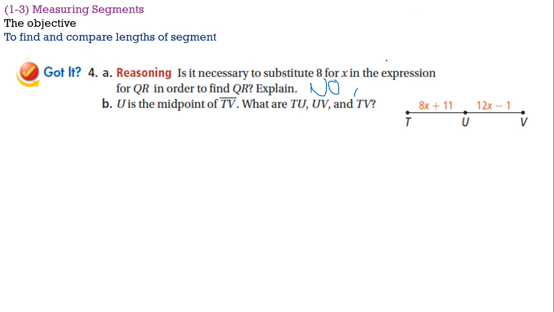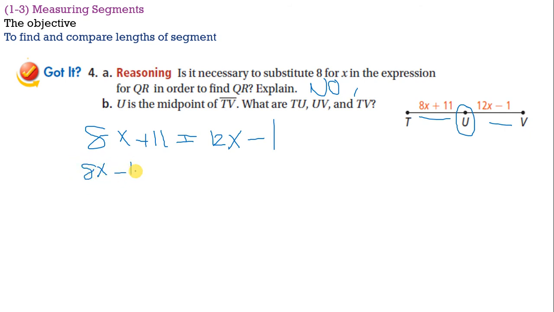Now, let's do this exercise. If U is the midpoint, then these are equal. So I will say 8x plus 11 equals 12x minus 1. Then you need to combine like terms together. So 8x minus 12x, I will move it to the other side by the opposite operation. Then minus 1 minus 11.